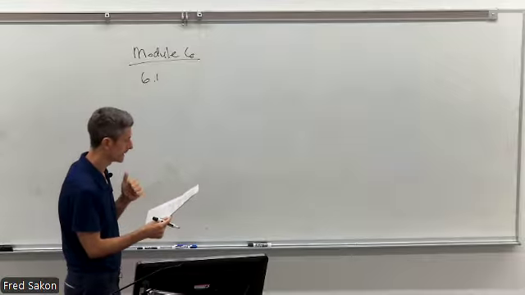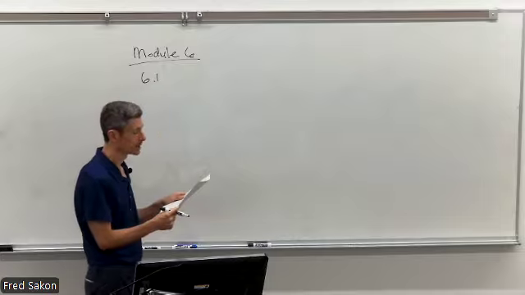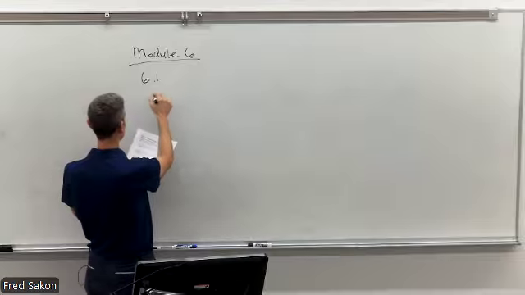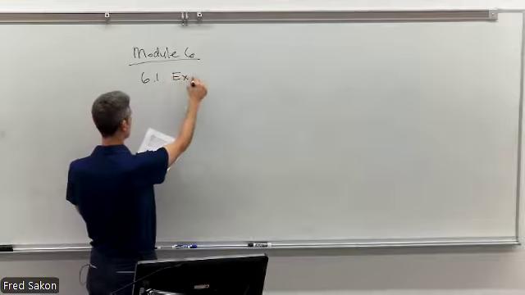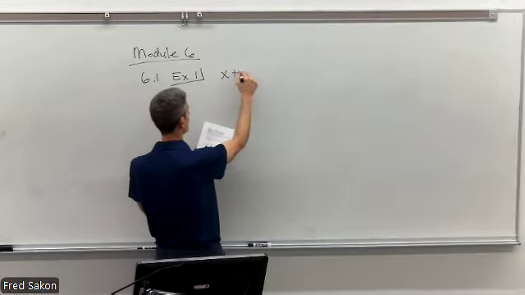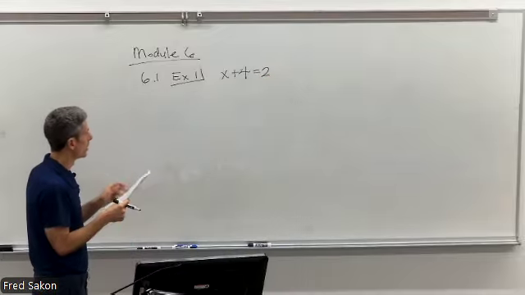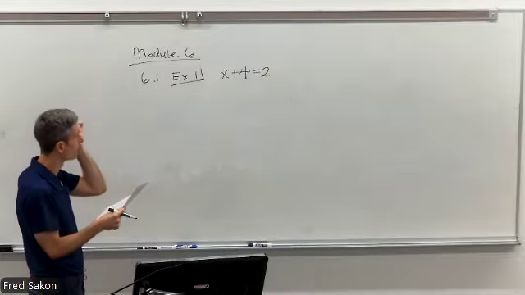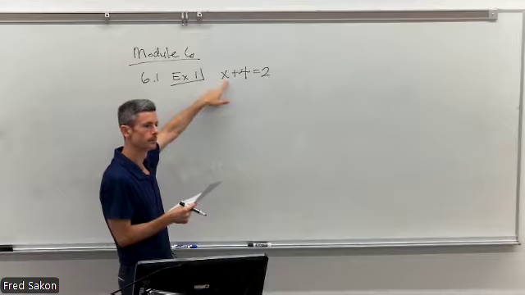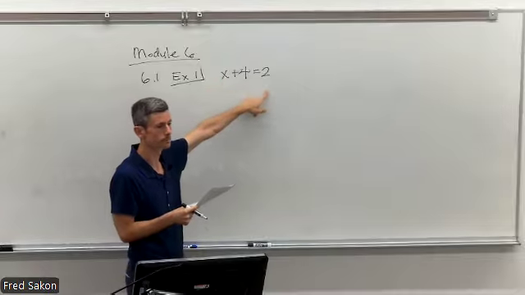I want you to take a look at that first example where it says solving of the form x plus something equal another number. And let's do the one that says x plus 4 equal 2. If we eyeball that, what number do we need in this place in order for this to be true? 1 plus 4 equal 2.